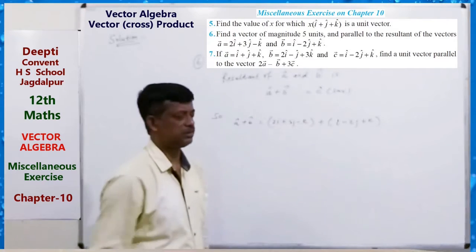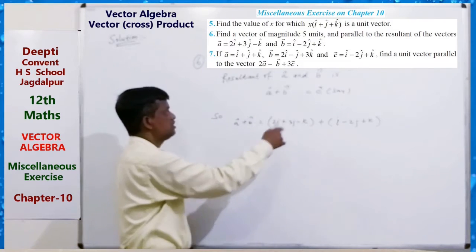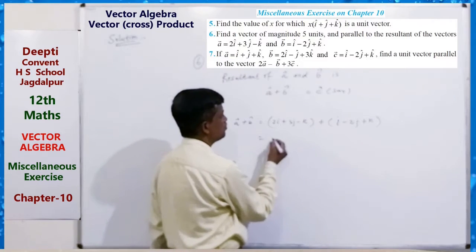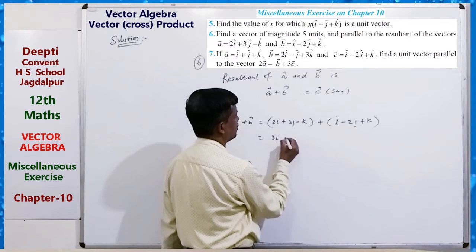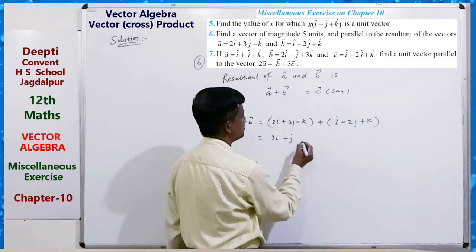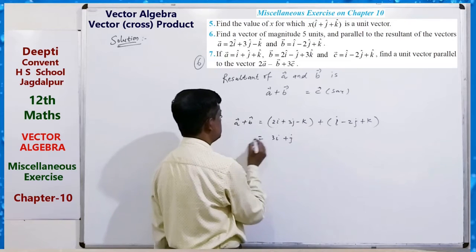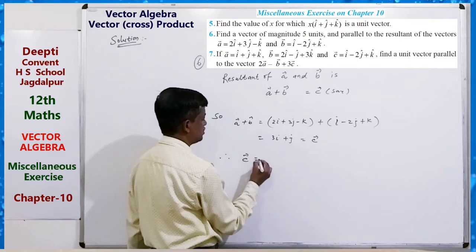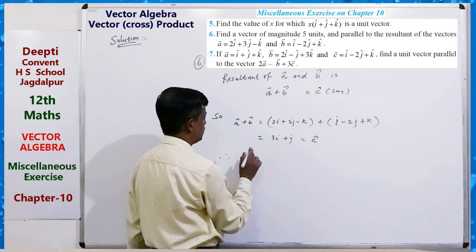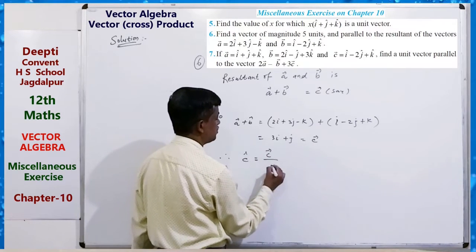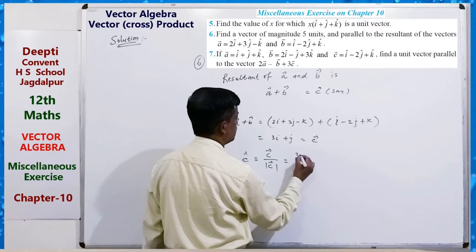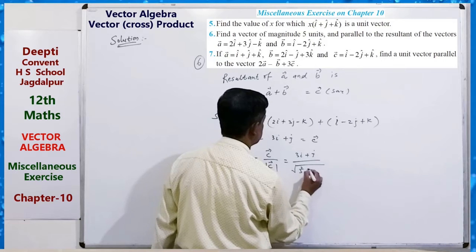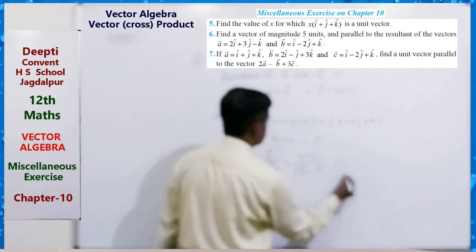These are the given vectors in question 6. So the resultant is 2 plus 1, 3i, plus 3 minus 2, j, minus k plus k. This is vector C. Therefore, C cap equals vector C upon modulus of C, which is 3i plus j upon root of 3 square plus 1 square.